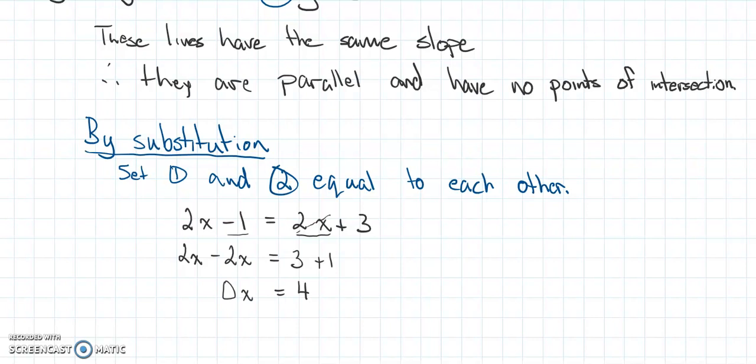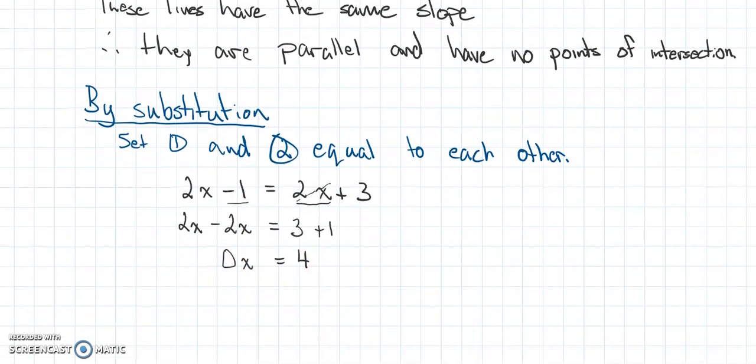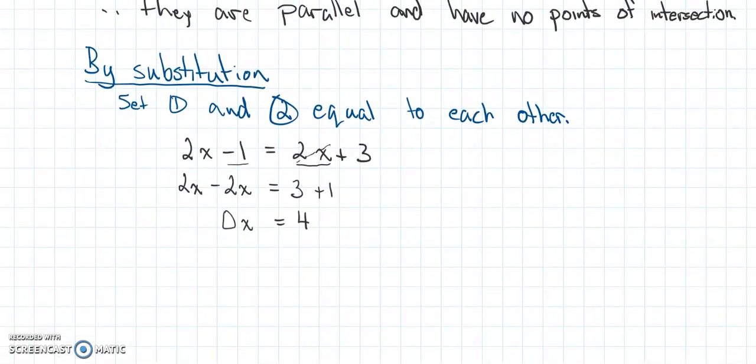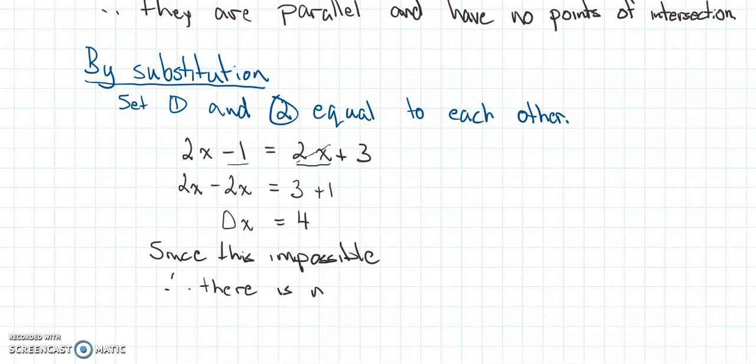You could just write 0 equals 4, or 0 times x is equal to 4, which is impossible. You can't multiply something by 0 and get 4. Since this is impossible, therefore there is no solution.